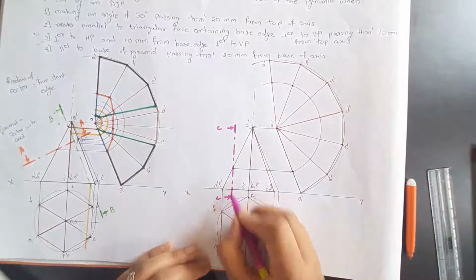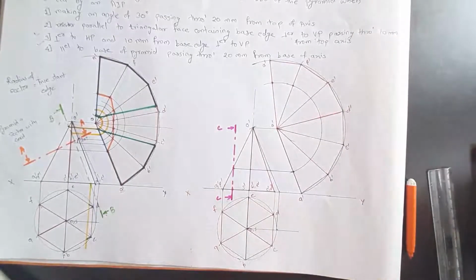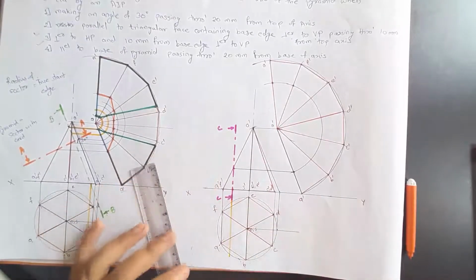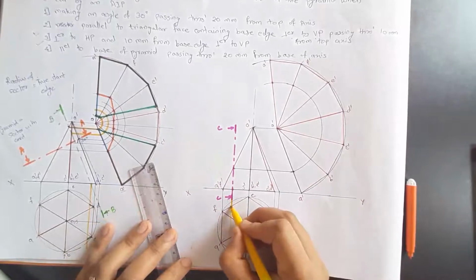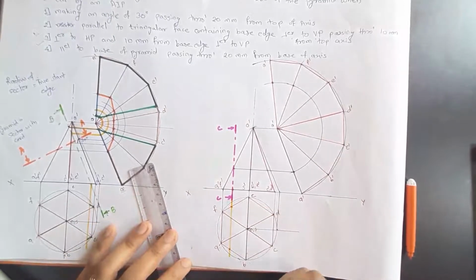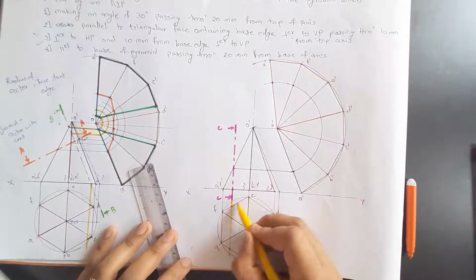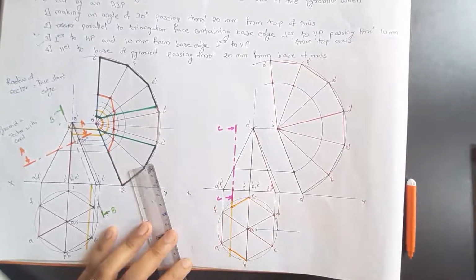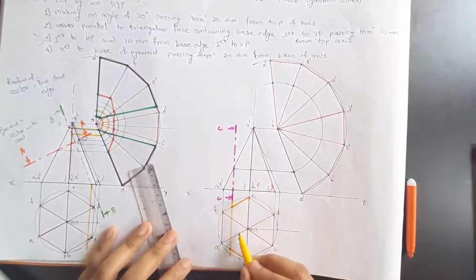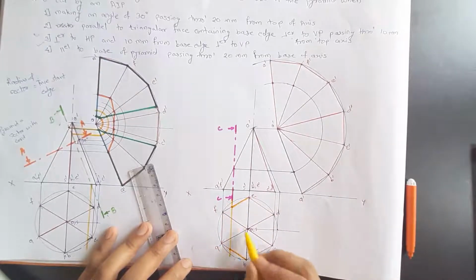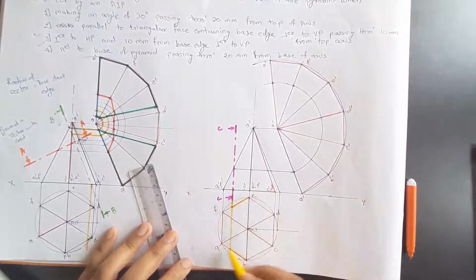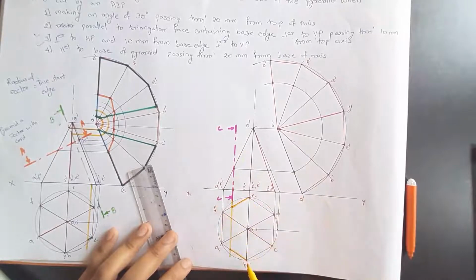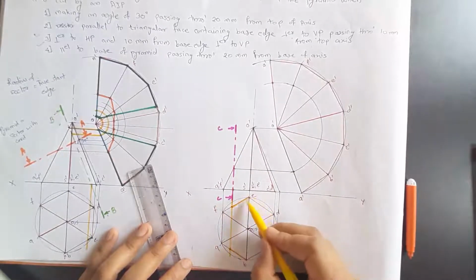After that you can see here it is cutting the base. So we have to take the projection towards the top view. Once we have taken the projection towards the top view, it is cutting here and here. So take the distance of E and this, okay, and B and this one. Only this, don't take OF and AO because these are the slant edges. Only consider the base edges. So this cutting plane is cutting EF as well as AB. Okay, measure this distance.